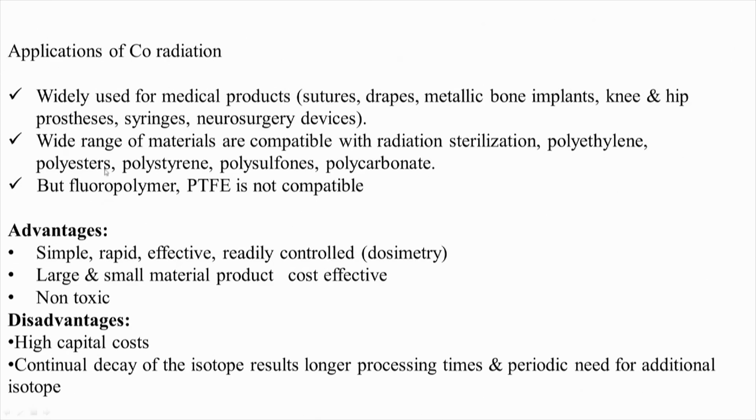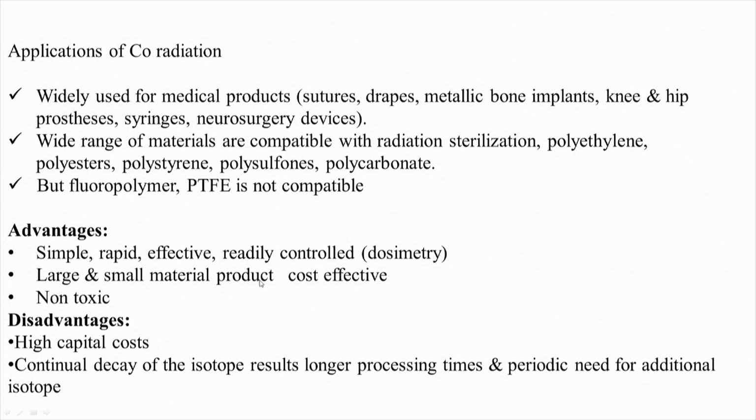If you look at gamma radiation, cobalt is widely used for medical products such as sutures, drapes, metallic bone implants, knee and hip prostheses, syringes; a wide range of materials are compatible with the radiation. Polymers like polyesters, polyethylene, polystyrene, polysulfones, polycarbonate are fine. Of course, fluoropolymers like PTFE are not compatible. It is simple, rapid, effective, and can be controlled by proper dosing.